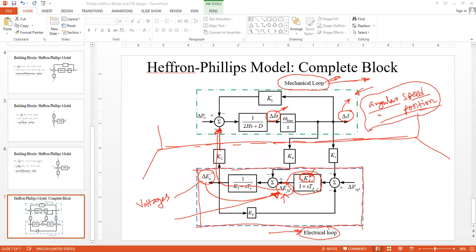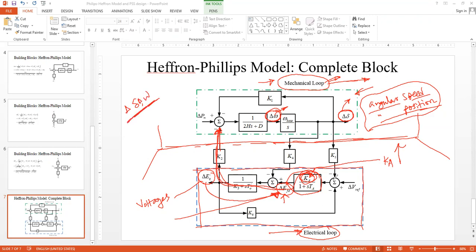We are increasing it, and thus it affects both del omega and del delta. This is the important path for signal transmission from the exciter gain to the mechanical loop.